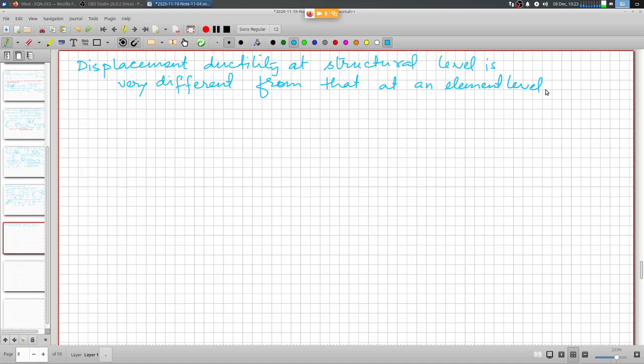While a particular element may be very highly ductile, when I look at the load deformation curve of the total structure, the available displacement ductility of the total structure might be very limited. So if I test only a beam or only a column and show that it is very highly ductile, and say that this is good for earthquake resistance, this is not enough.